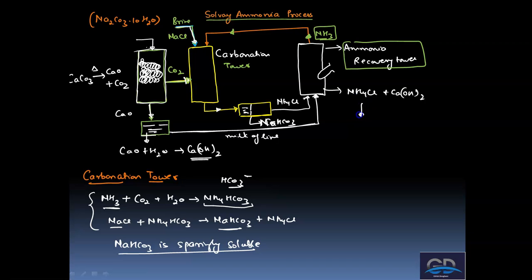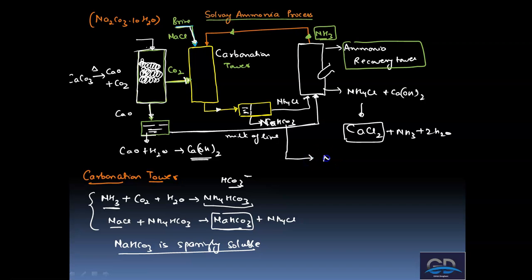That reaction happens in this ammonia recovery tower, and the result of that is CaCl2 plus ammonia, which is recycled. So we can say that the only byproduct of this reaction is CaCl2, which is coming out, and this ammonia is recycled, which again helps in generation of bicarbonate ion, and helps in formation of NaHCO3, which can be filtered off because it is sparingly soluble.